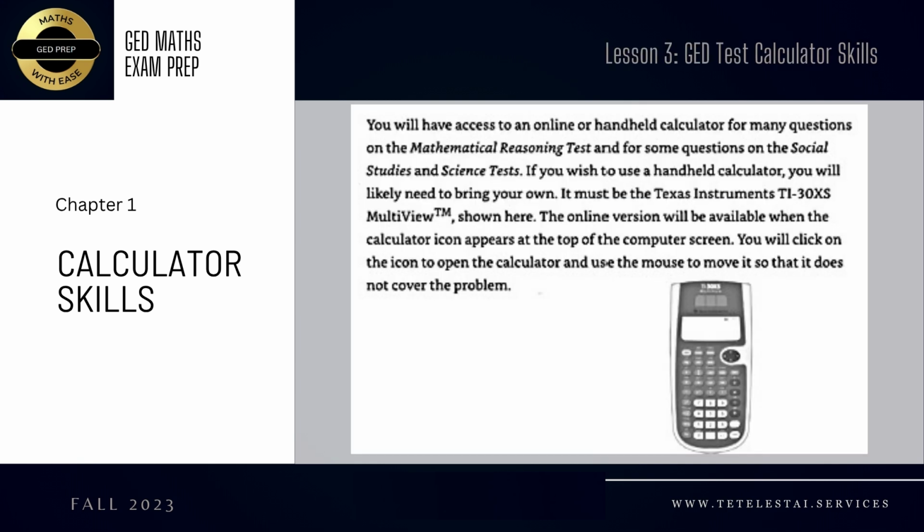So you're going to have access to either an online or a handheld calculator for many of the questions on the mathematical reasoning test, and for some of the questions on the social studies and science tests as well. If you wish to use your handheld calculator, I guess you'll have to bring your own, and it must be a Texas Instruments TI-30XS MultiView, and that's what it looks like here.